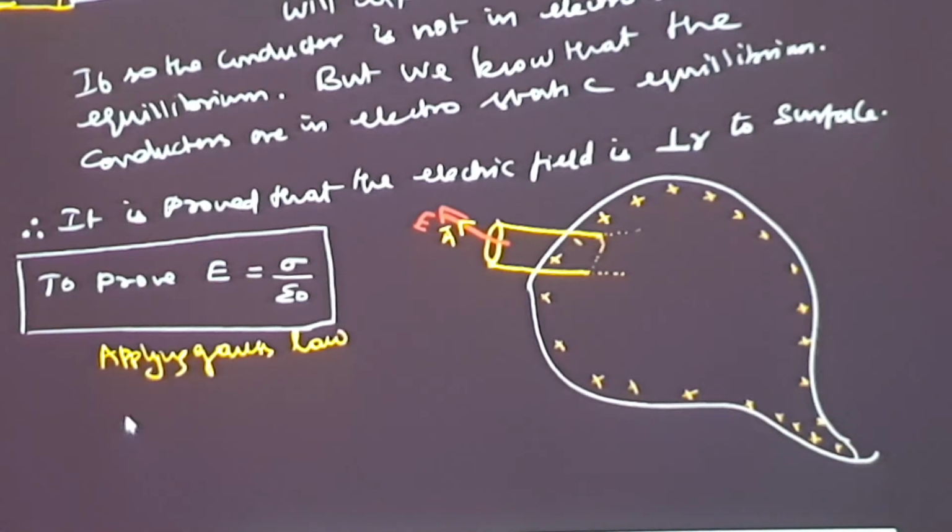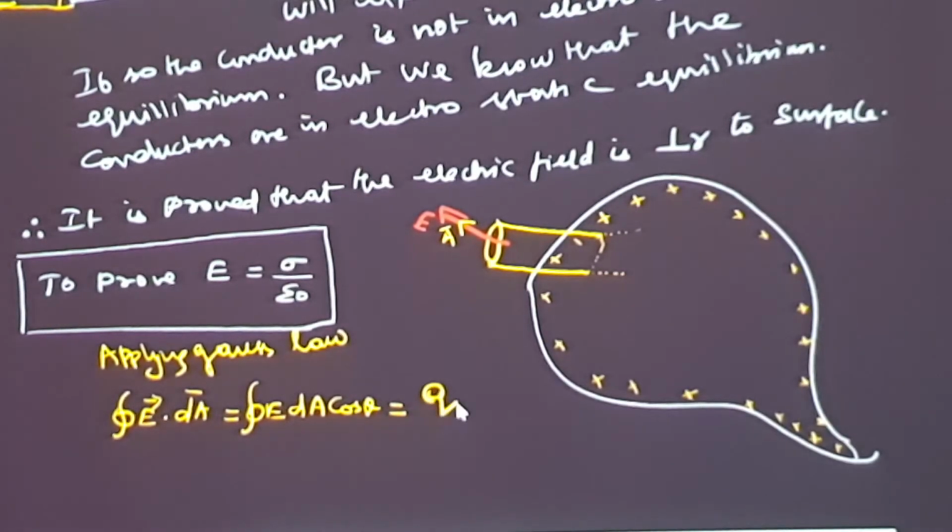We know that closed integral of E vector dot dA vector is equal to closed integral of E into dA into cos theta equal to the total charge enclosed divided by epsilon 0.